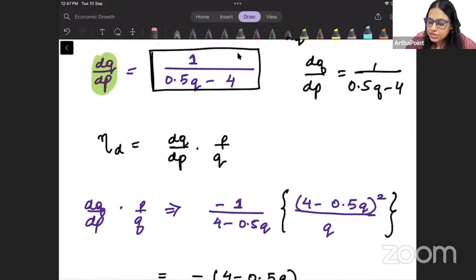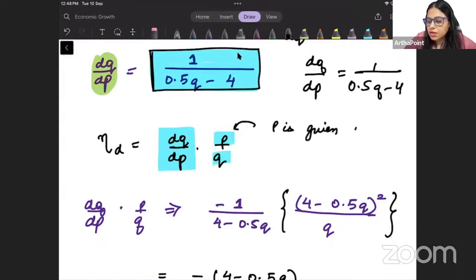So this dQ by dP, I have already found this out. This is the value, into P by Q. And P is already given as a function of Q. So just plug in this.